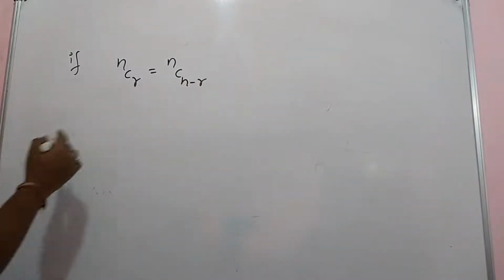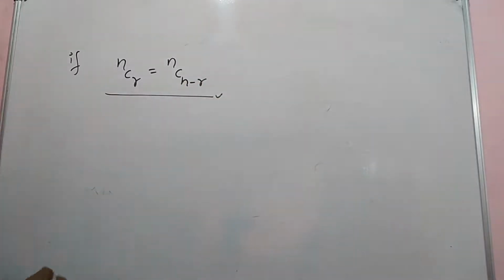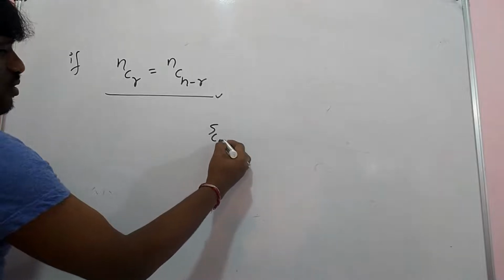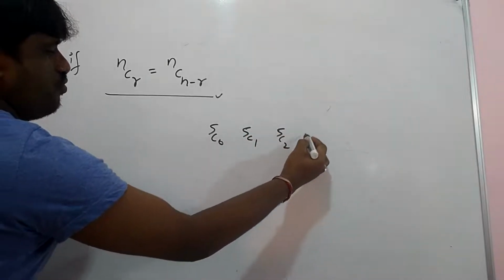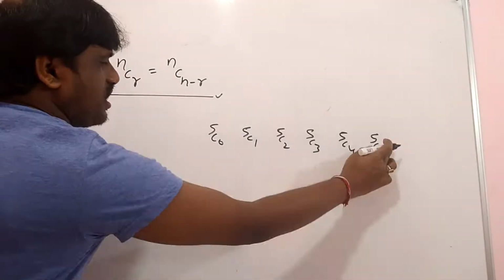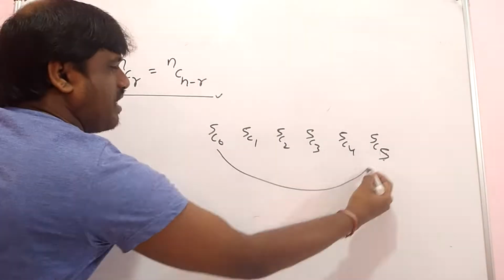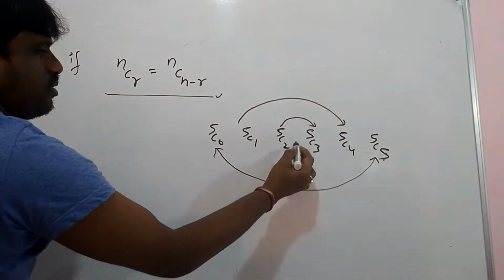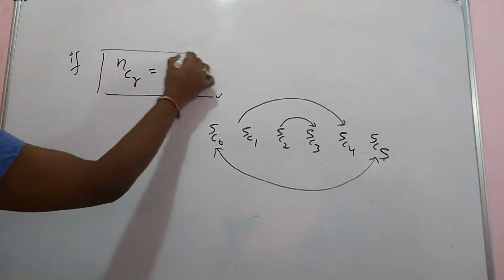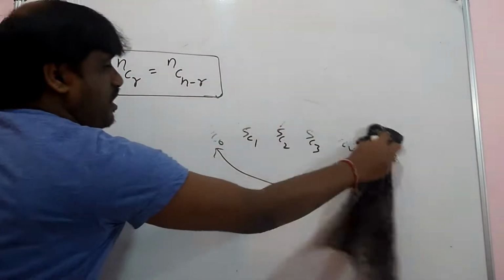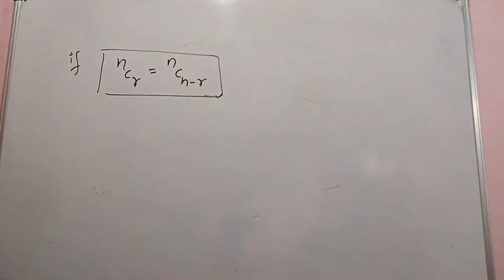I gave these proofs already in permutations and combinations. Here the coefficients are 5C0, 5C1, 5C2, 5C3, 5C4 and 5C5. I told you this value and this value will be equal, and likewise the others. Therefore I can write the formula nCr is equal to nC(n minus r).